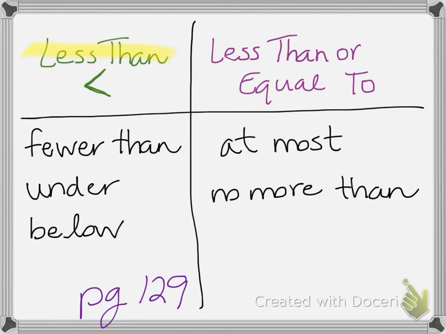Then we've got key words for less than or equal to. What's the symbol for less than or equal to? It's a less than sign with a line underneath it. Key words are at most and no more than.